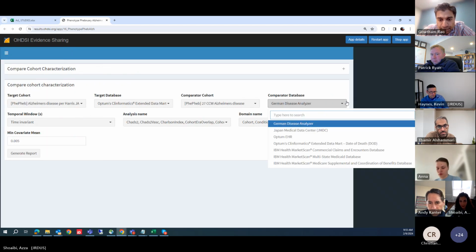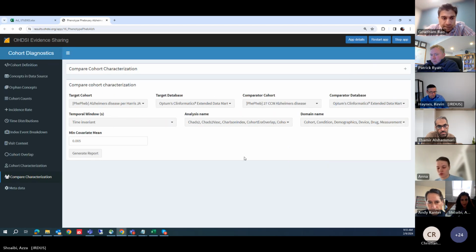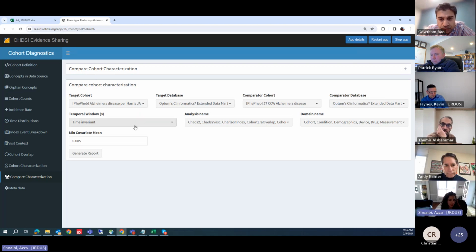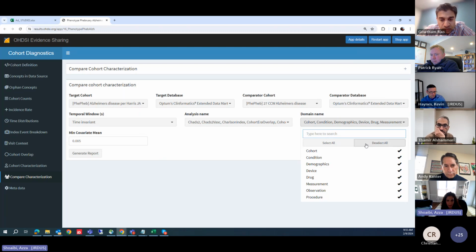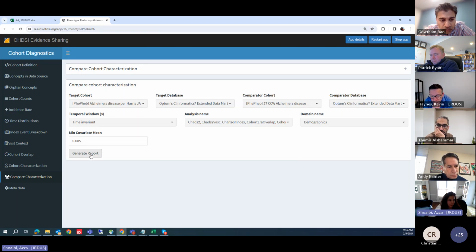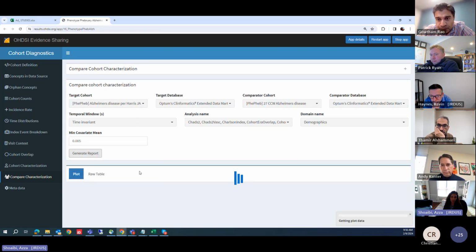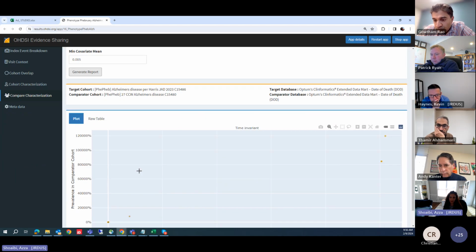Yeah, it allows you to even compare cohorts across data sources. So I'm going to use only time invariant because this is demographics, and I'm going to pick only demographics, and I'm going to generate the report. My intent is just to look at the age and gender.